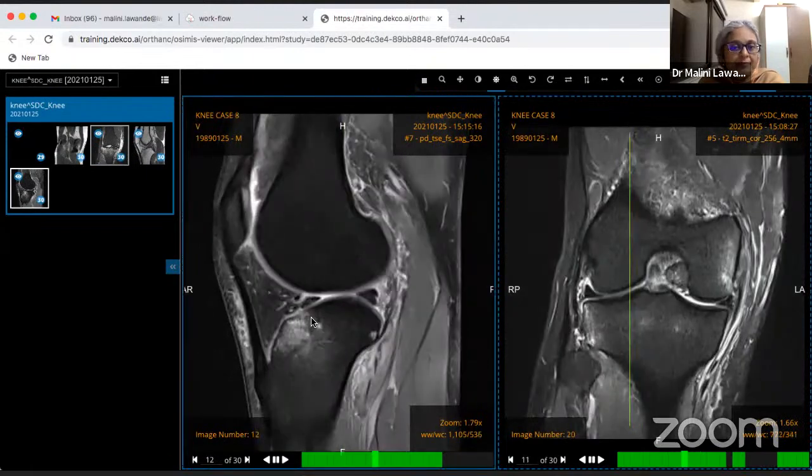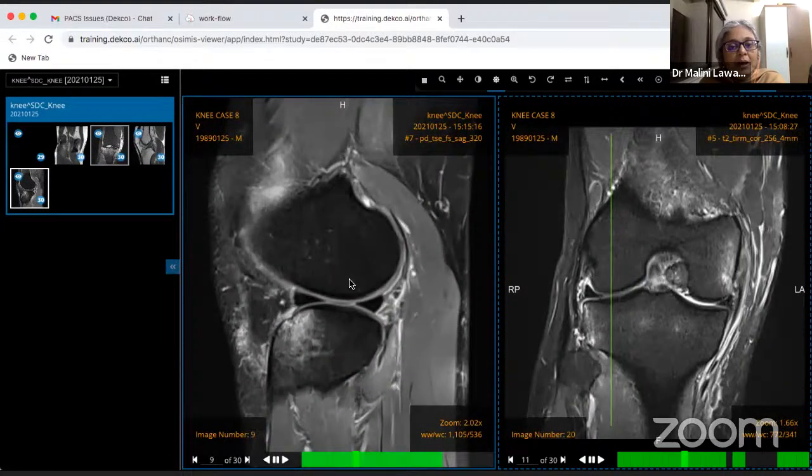For example, if we have marrow edema in the anterior lateral femoral condyle and in the posterior lateral tibial plateau, we know that this is a pivot shift injury mechanism, and we are most likely going to find an ACL tear. So you look at the ACL very carefully. Associated with that, you can have a medial meniscal tear or lateral meniscal tear, but primarily it's an ACL tear we are looking at.